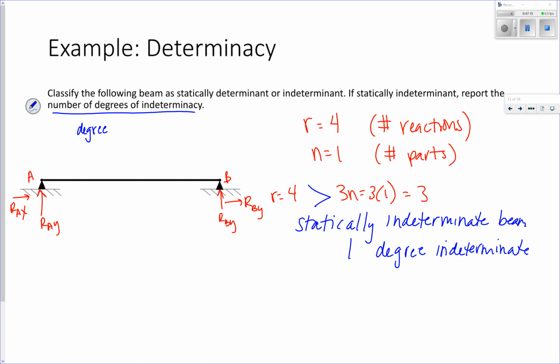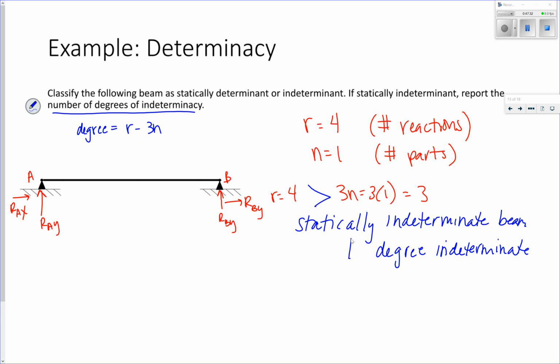My degree of indeterminacy is R minus 3n. That means I only need one more piece of information to solve it, but I don't have that information.